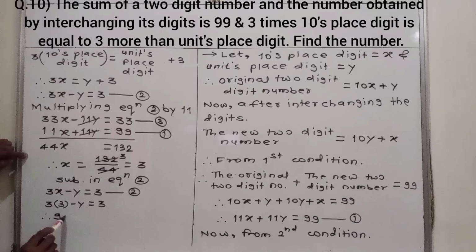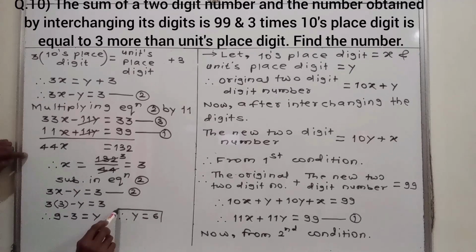We take this 3 to the left side, like terms together. And I have told many times variable should be positive. Did you get it? Therefore, y is equal to 6. Did you get it?